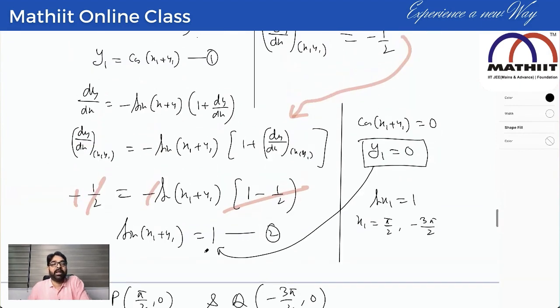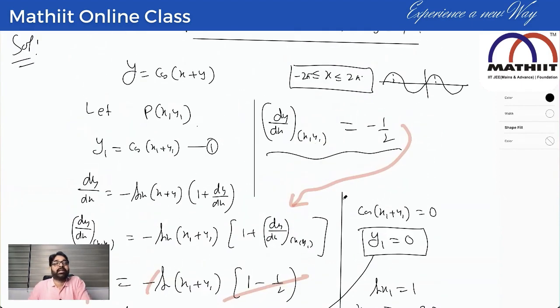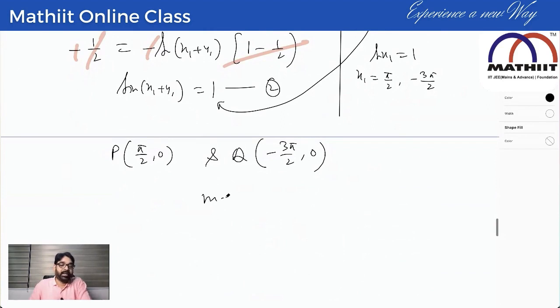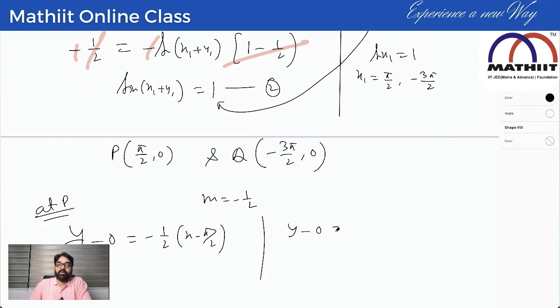Correct? The benefit is that the slope of the tangent we already know is -1/2. So what will the equation be? At P and Q there are two tangents possible. y minus 0 equals -1/2 into (x minus pi by 2), and y minus 0 equals -1/2 into (x plus 3 pi by 2).